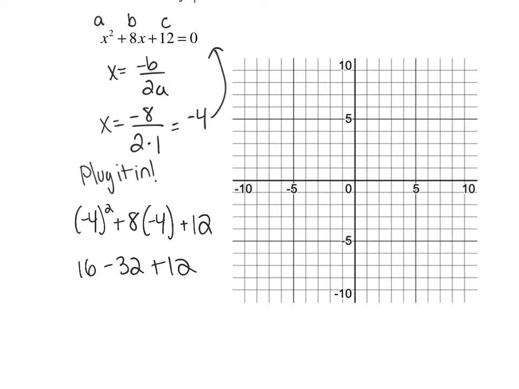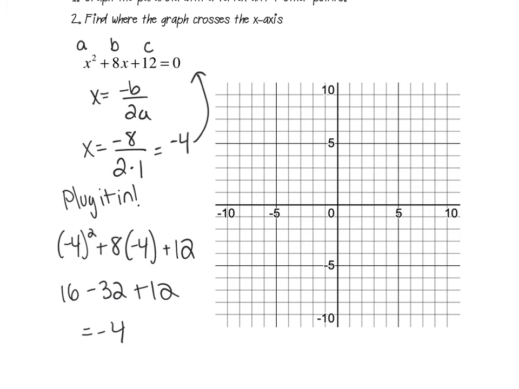Just combine all of those. You've got 16 minus 32 plus 12, which is equal to negative 4. So that means our vertex is going to be at negative 4, negative 4.